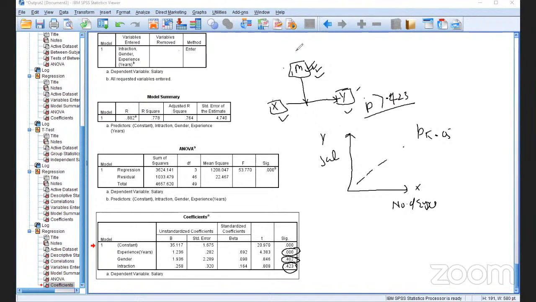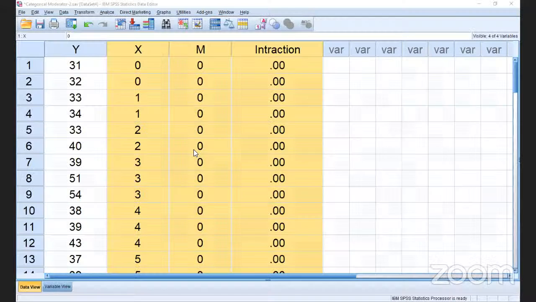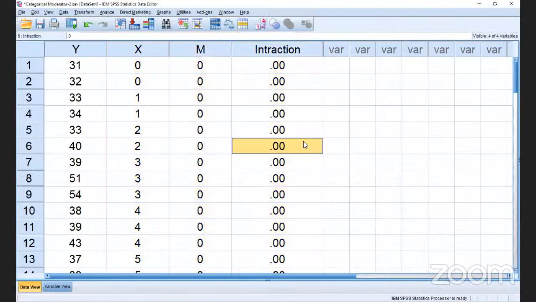Through this it is clear, and we can check the interaction through the graph also. So I am drawing the graph. I am stopping sharing this. This is my data, and this is the graph. We want to check the interaction effect in the graph.